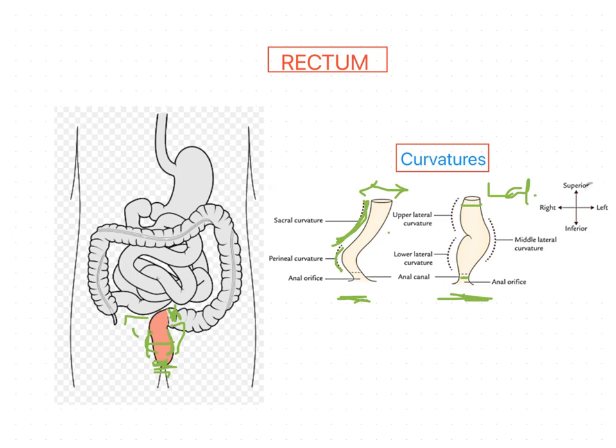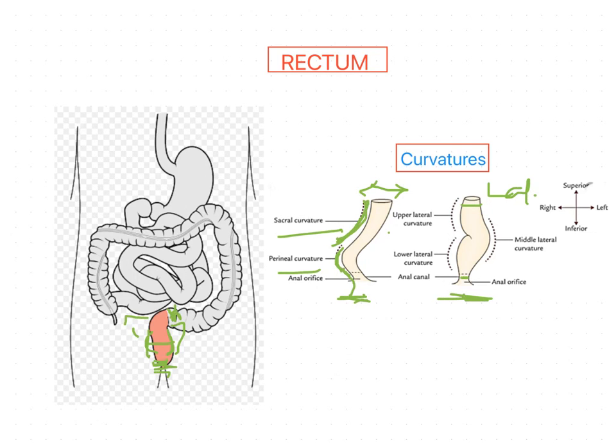This perineal curvature continues with the anal canal, which is directed downwards and backwards. So this is about the AP curvatures: the sacral curvature and the perineal curvature, and the facings of the curvatures are different.